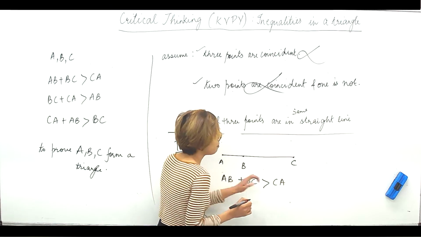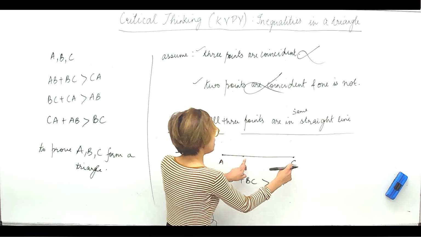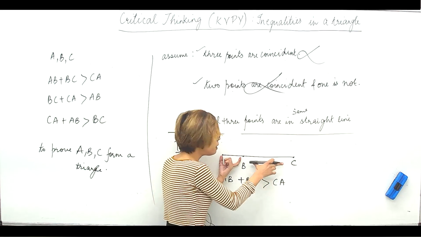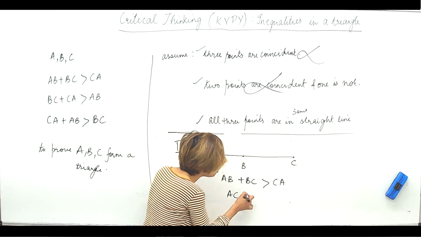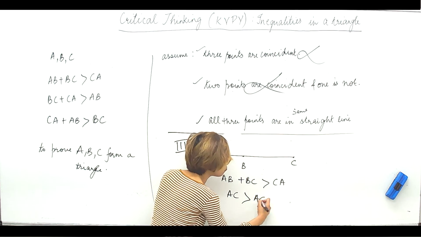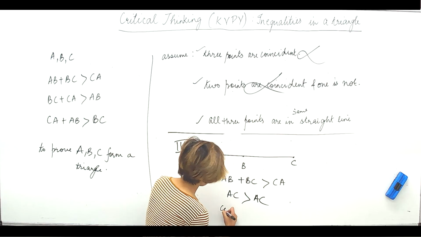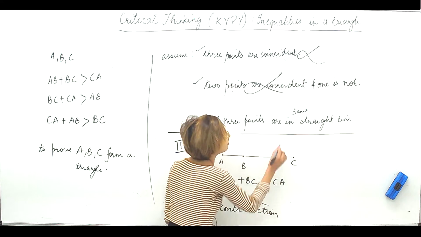This should be the case, right? Now tell me one thing, AB plus BC, this plus this is what? It is AC, the whole length. Now AC greater than again AC. Again, it is a contradiction. We have arrived at a contradiction in the third case as well.